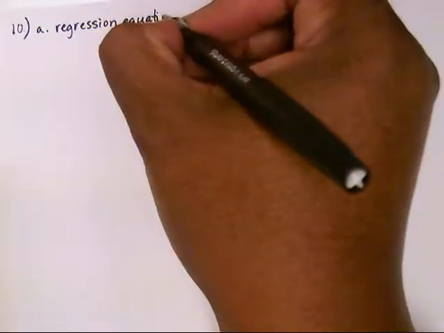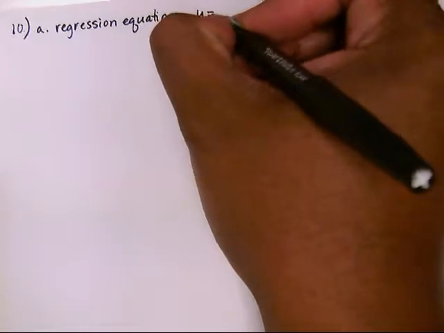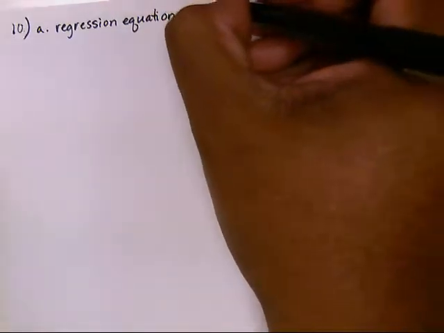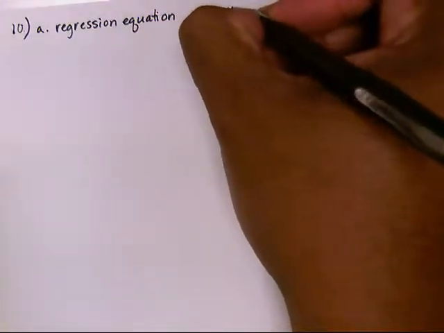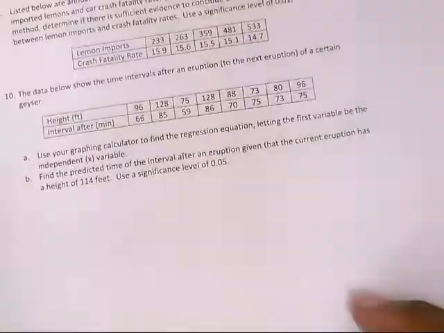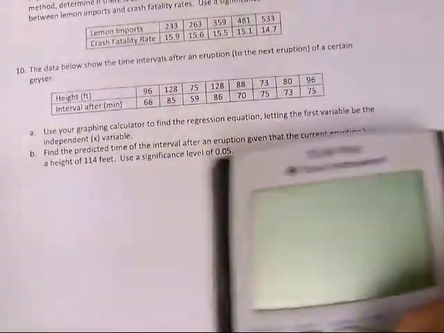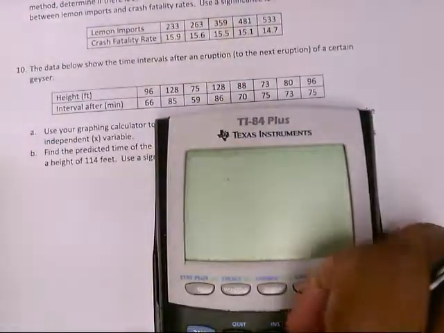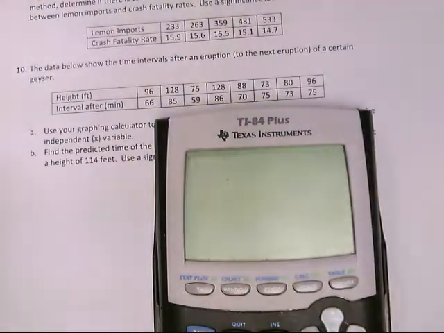Now on your calculator, they tell you that the regression equation is always going to be y equal to ax plus b. So we're going to enter these new data values in as we normally would, like we did in problem number 9. So here, let me clear this out.